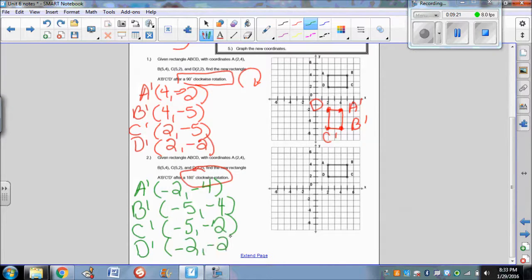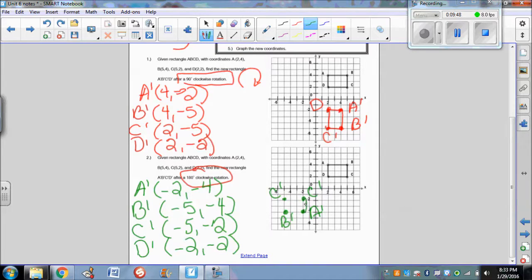Now let's go ahead and plot this new rectangle. So -2, -4, -5, -4, -5, -2, and -2, 2.